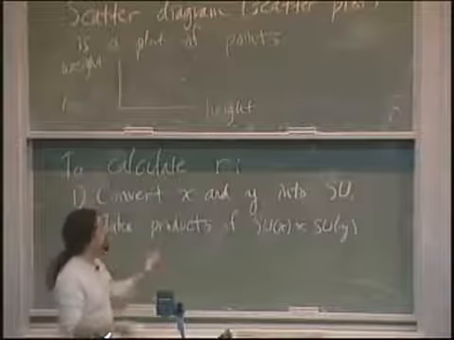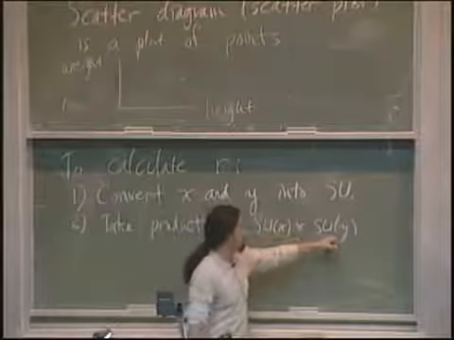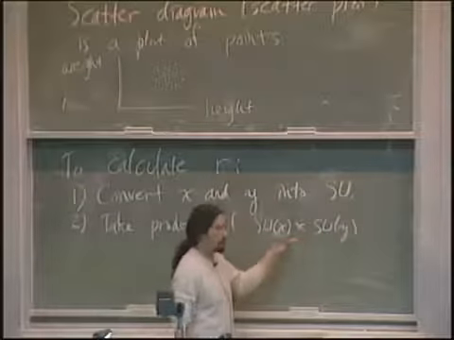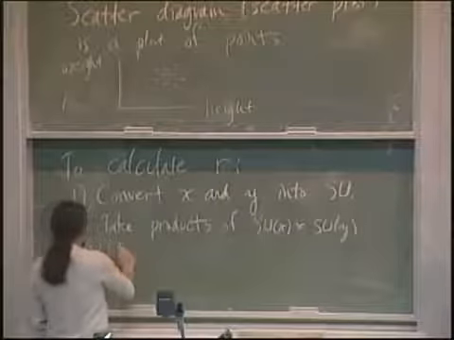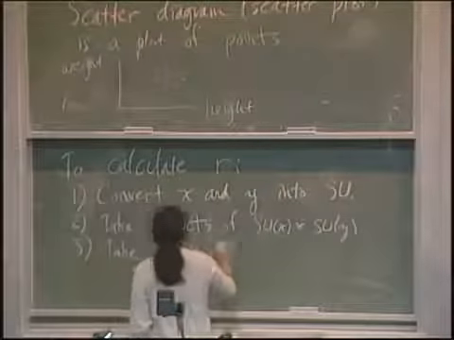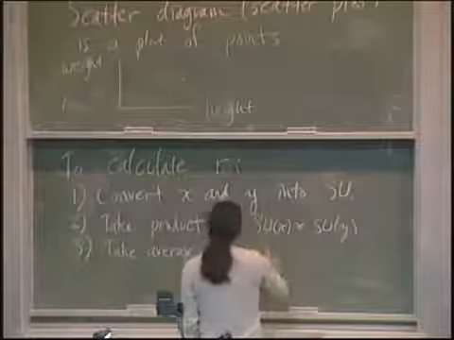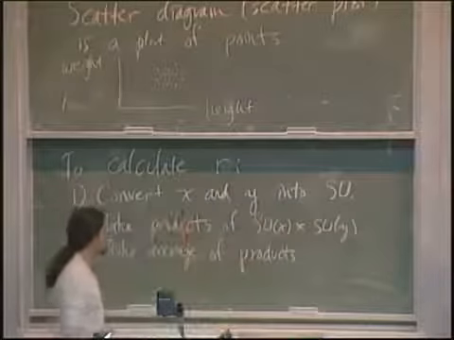So each person, for example, for the height and weight, has a height converted to standard units and a weight converted to standard units. So for each person, you take that product, and then take the average of the products. Okay, so the average of the products is R.